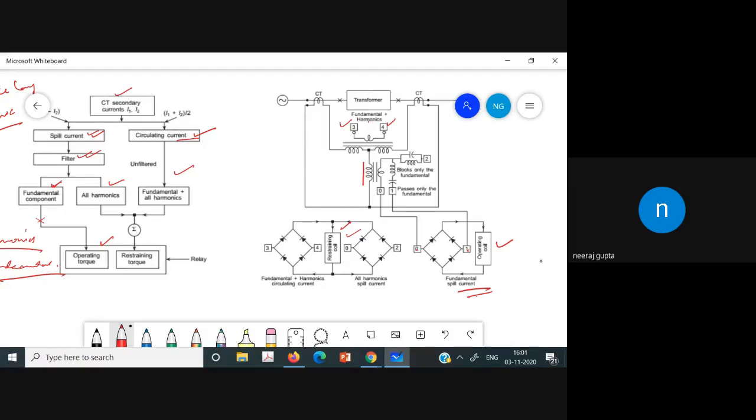Now we will discuss the high resistance ground faults in the transformer. High resistance ground faults in the transformer.